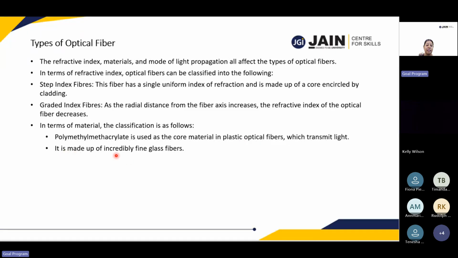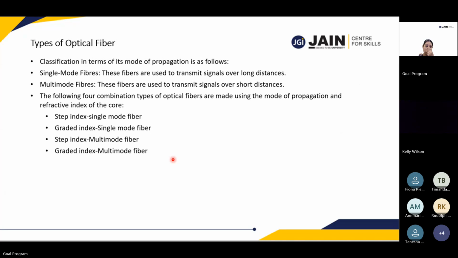The other is made up of incredibly fine glass fibers. So they're talking about the materials used in fiber optic cables, the core material for passing the light from one location to another.